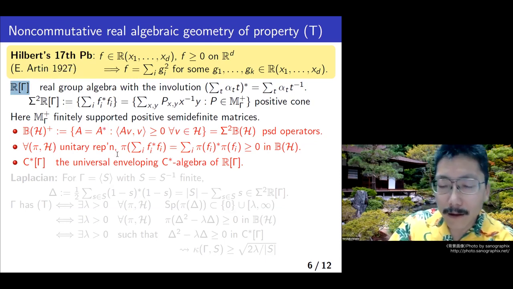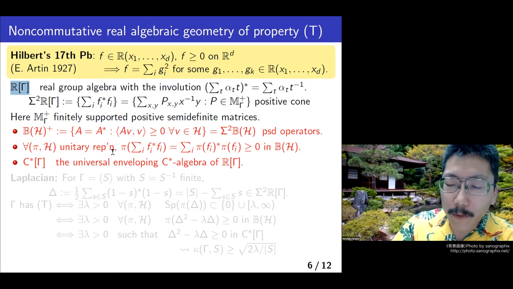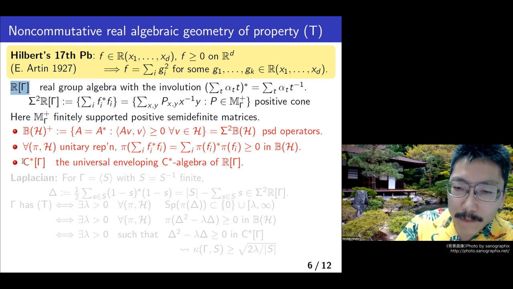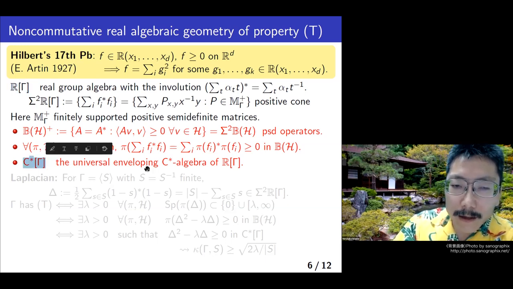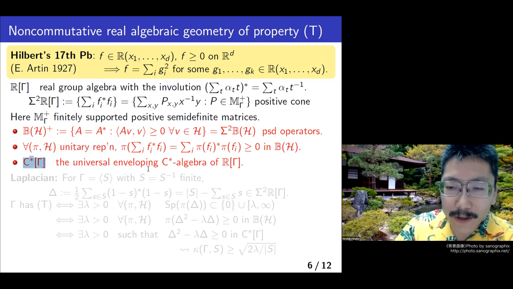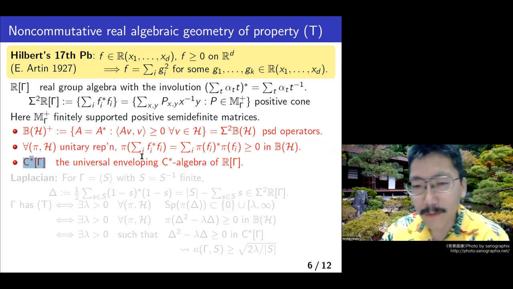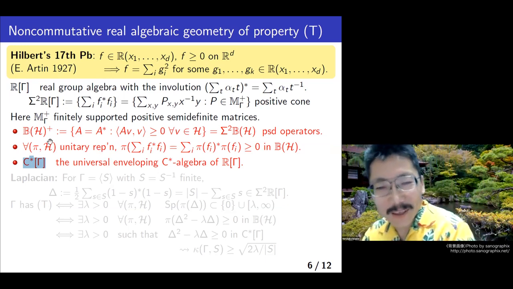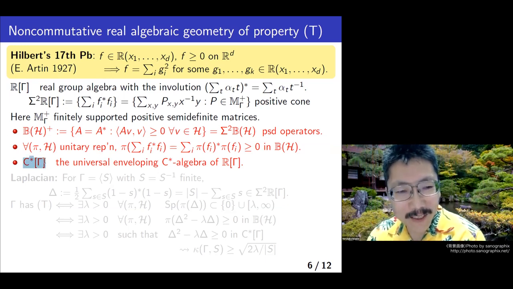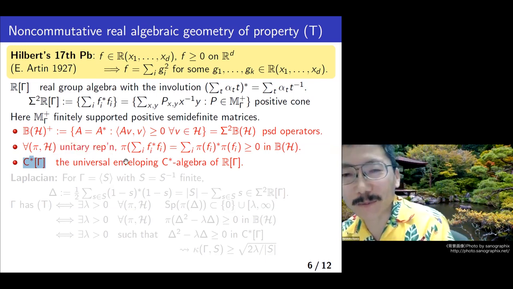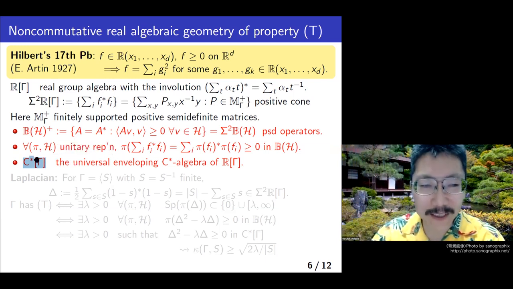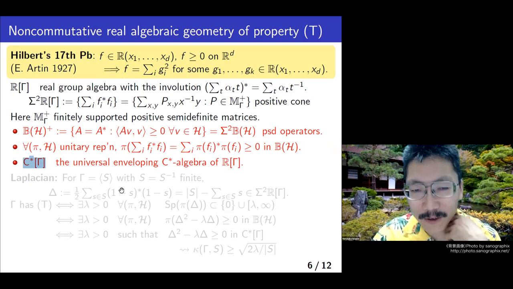If you complete this under a nice topology, you get the C-star algebra, the so-called universal enveloping C-star algebra. If you are an operator algebraist, you can handle this C-star algebra as easily as the continuous function algebra. So I can solve the problem in the C-star algebra easily, and then the problem is to lift the solution in the C-star algebra to the real group algebra.